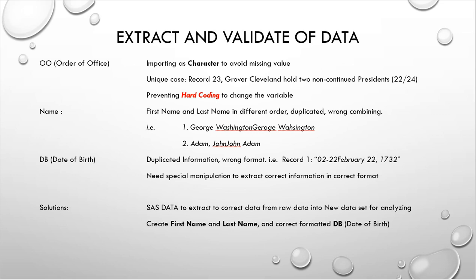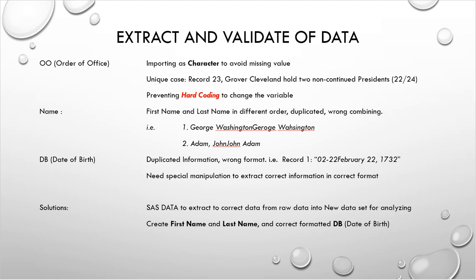He held two non-continuous president terms, the 22nd and 24th. If you import this as numeric, it becomes a dot as a missing value. To prevent hard coding to change 22 or 24 or even this character with SAS code later, we need to import this manually as a character.